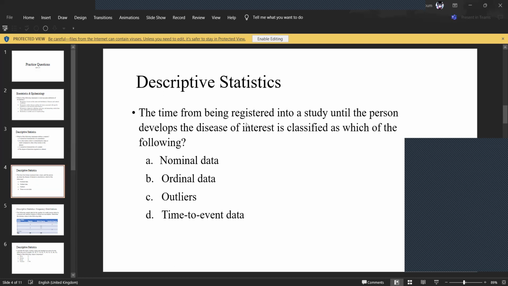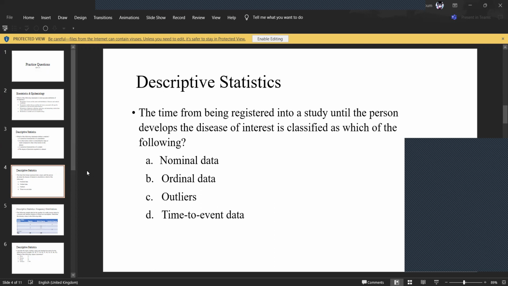And then the next point is how long does it take for them to develop that disease of interest? And as such, it's time to event data. Basically, time to event data is any time we're studying how long it takes for something to happen. This could be developing the disease of interest, curing the disease of interest, or it could be death. Just kind of dark and morbid.